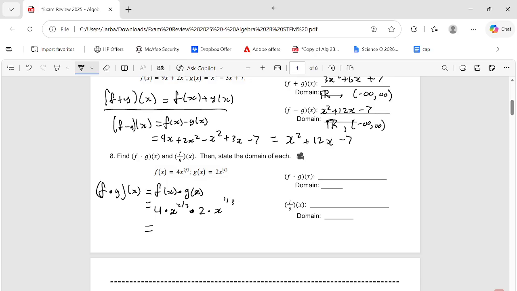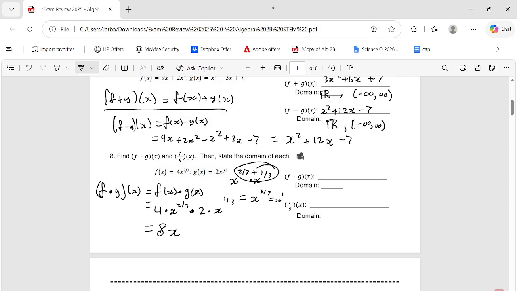If we multiply together our constants, we get an 8, and we're multiplying x to the 2/3 and x to the 1/3. Because we're multiplying with the same base, we can add the exponents. So that's x to the 2/3 plus 1/3, that's 3/3, which is 1.